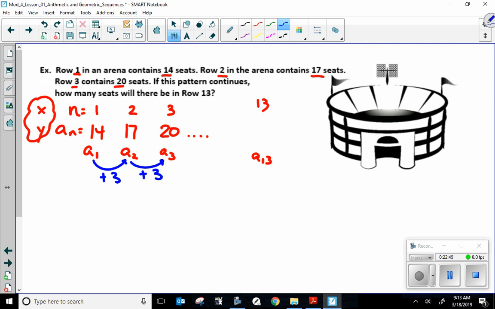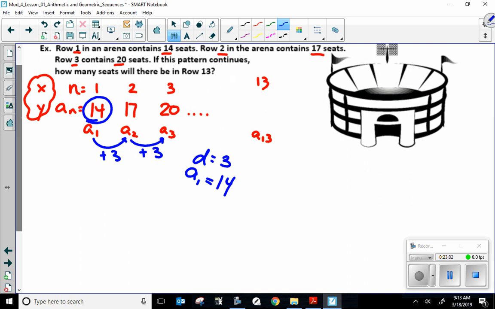That's what we've been doing. Okay? This is an arithmetic sequence. My common difference is 3. My first term, a sub 1, is 14. So, just as a reminder, in order to come out with an equation, I take my first term, I add n minus 1 times the common difference.